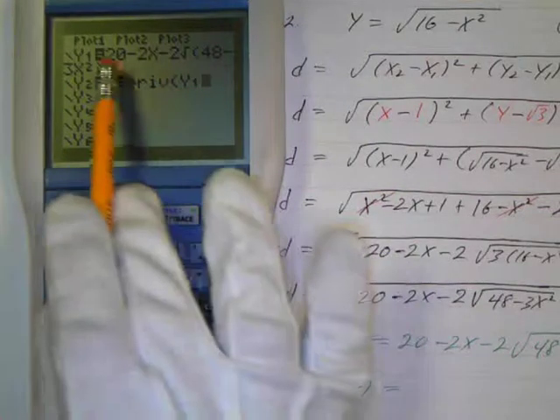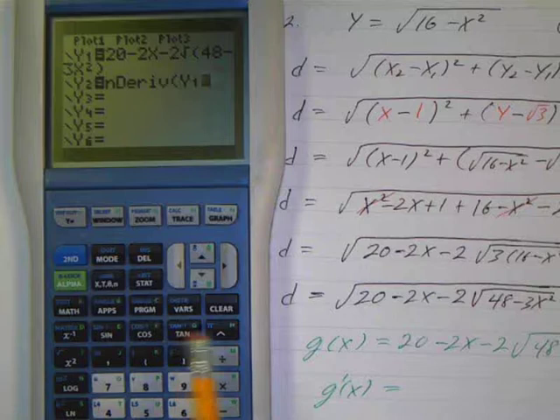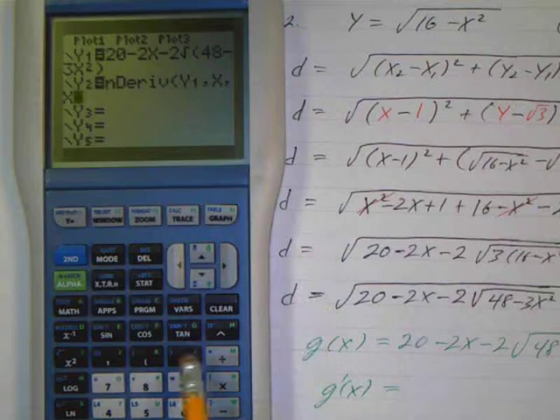So right here I'm going to take the derivative of this function, and I'm going to graph it, so I put comma x, because it's with respect to x, and it's just the variable, so that's going to give me the graph. And that's how I'm going to find my relative extrema.